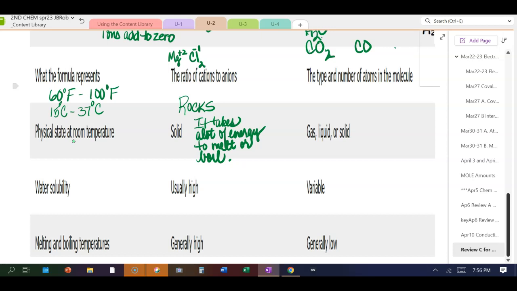And in that range, ionic compounds are solids. But many, many covalent compounds are gases. Isn't CO2 a gas? Isn't O2 a gas? Isn't carbon monoxide a gas? Isn't ammonia a gas? So many covalent compounds are gases, which means they boil at a very low temperature.